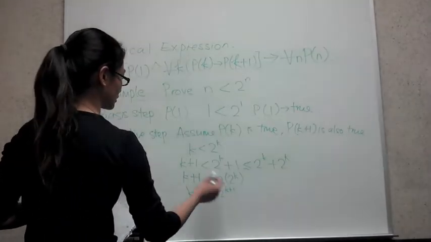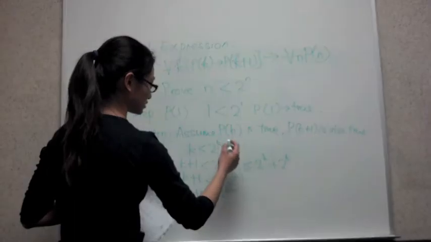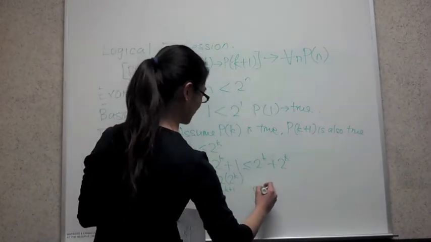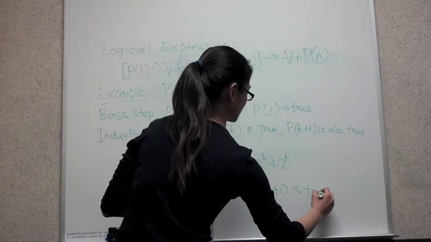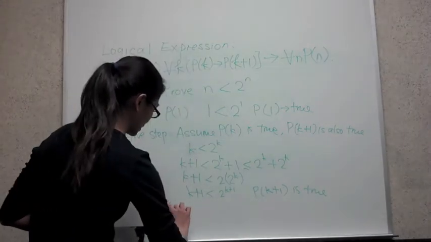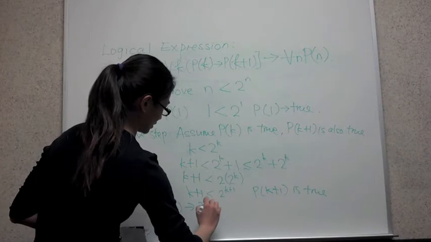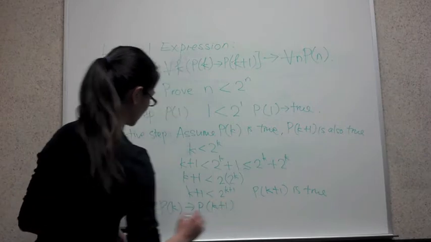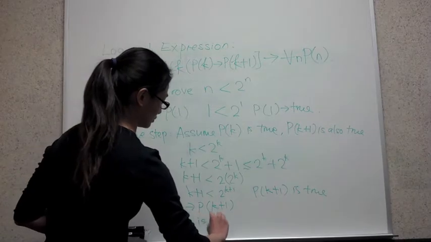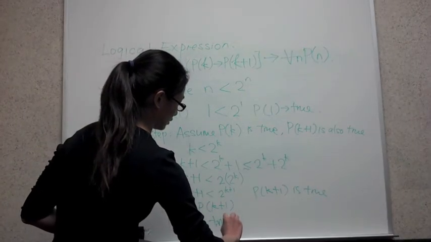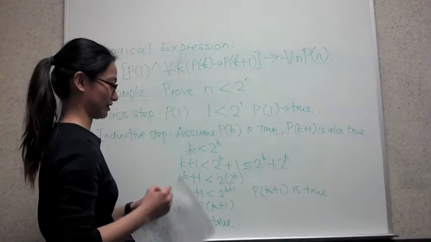So let's just show that pk plus 1 is true. Since pk implies pk plus 1, now we can conclude that pn is true for all positive integers n.